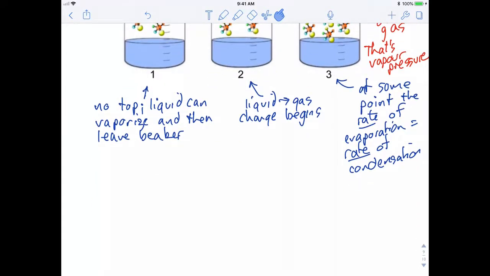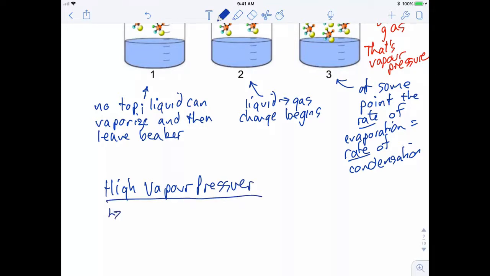Now, what affects the vapor pressure? Well, what causes something to move from the liquid to the vapor phase? That is the strength by which the particles are being held together. If the particles in the liquid phase have strong intermolecular forces, they would be more difficult to separate.